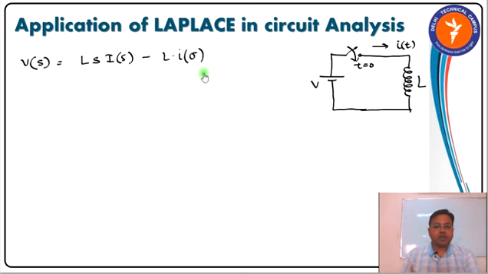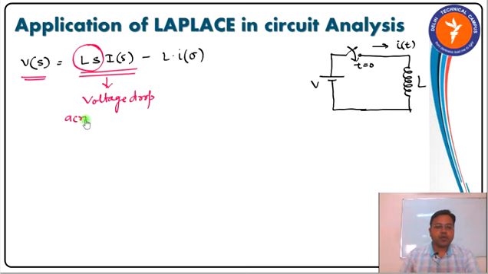in the S domain. Now in that case, if it is a voltage term, then in order to satisfy the dimensions, the voltage must be equal to the voltage on the other side. That means both these terms should be voltage. If this is voltage, then it is the voltage drop across the impedance Ls.